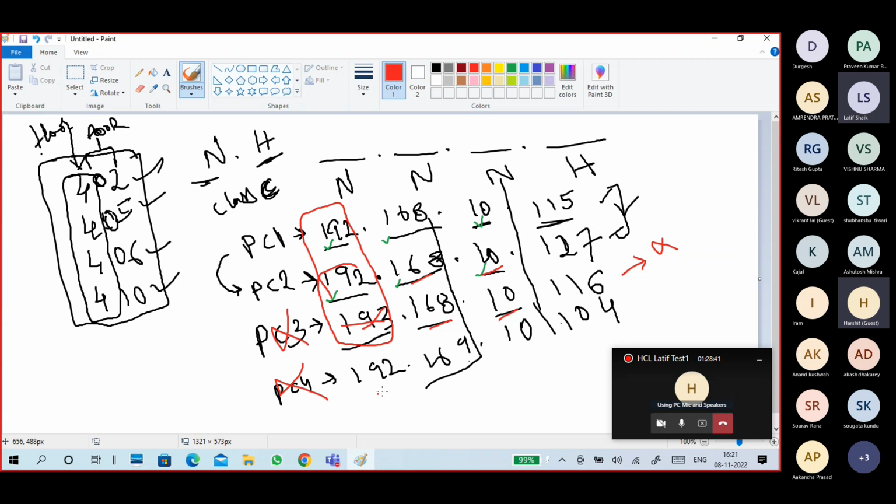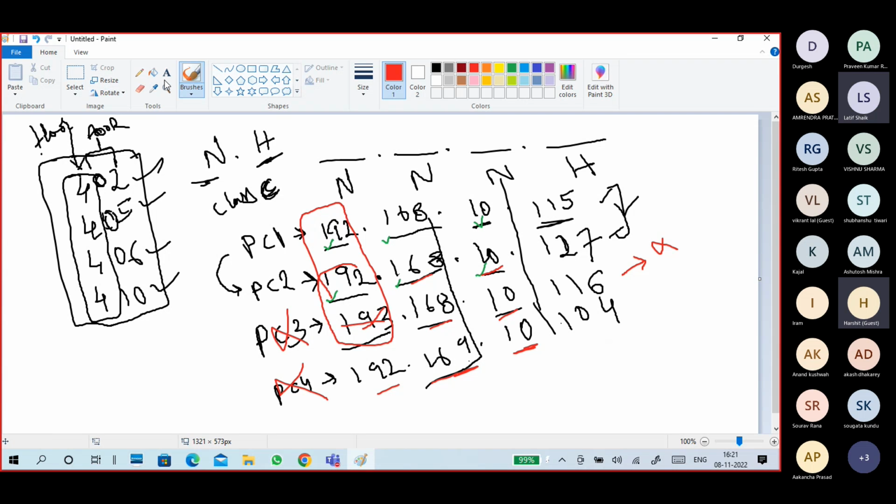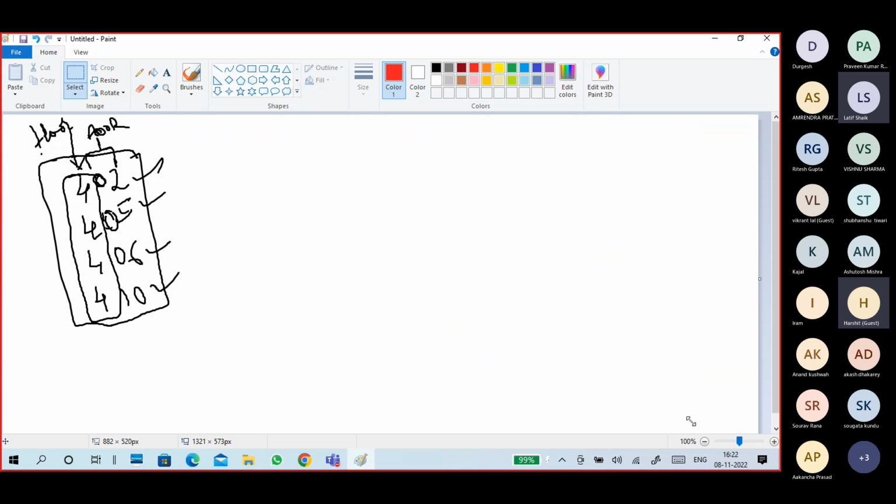Guys, compulsorily, all the network octets must be the same. That is what we can say.